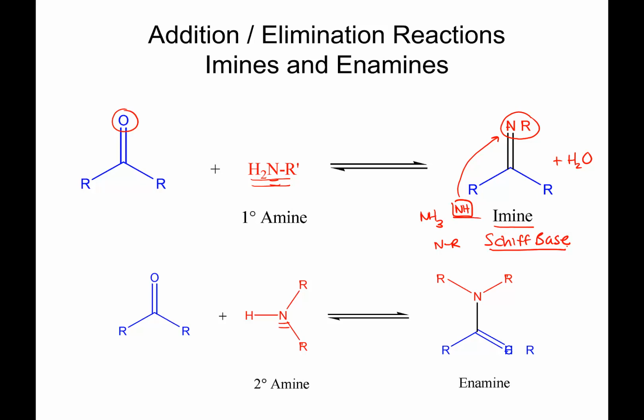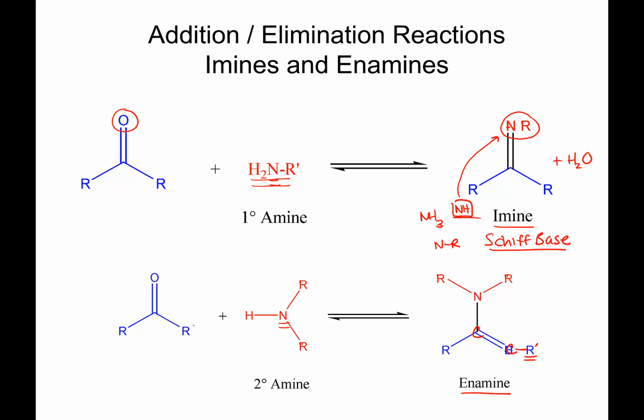What happens if you have a secondary amine? If you react a secondary amine with these aldehydes and ketones, then what you end up forming is called an enamine, and the enamine would have a carbon-carbon double bond here. And this is going to be a different R group, so we'll go through this mechanism.